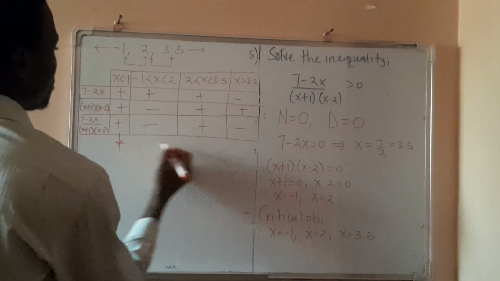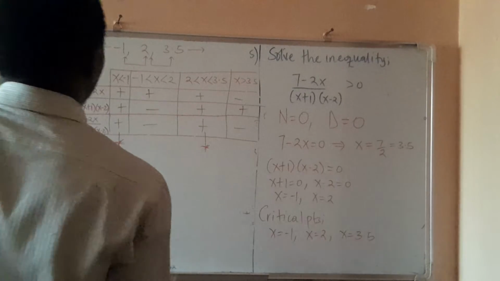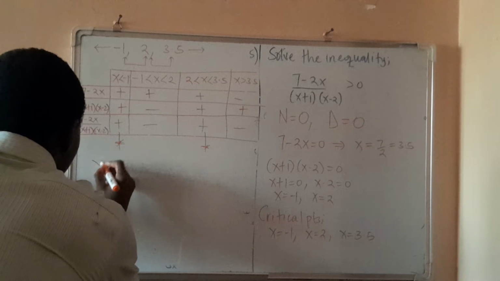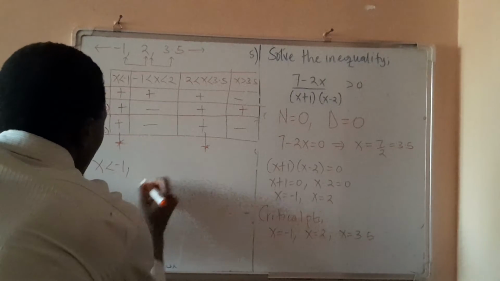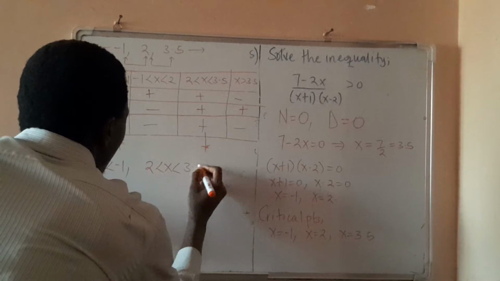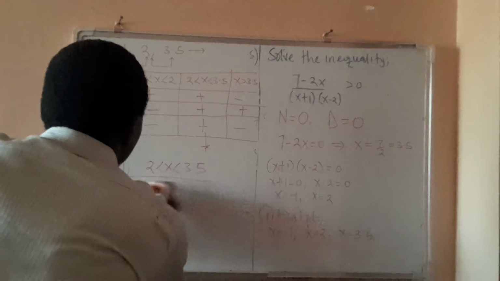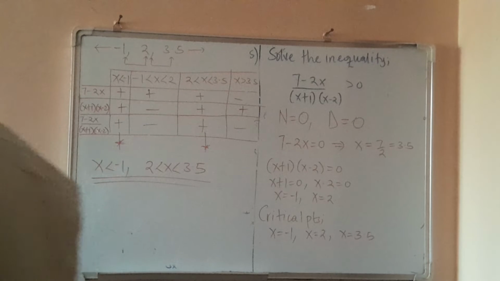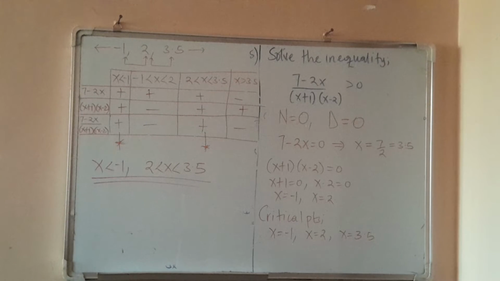So here and here. So our solution is x less than -1, 2 to 3.5, and x greater than 3.5. So we have that result.